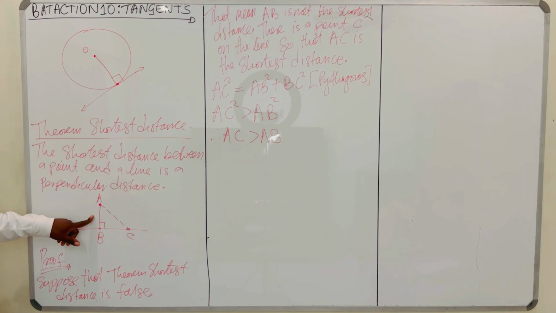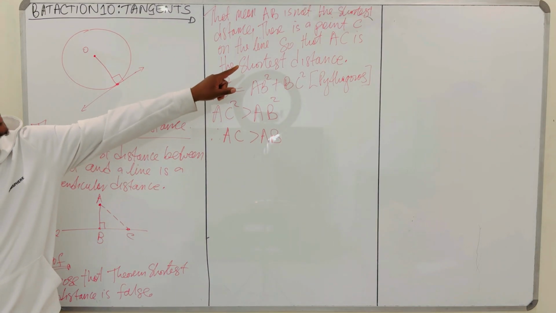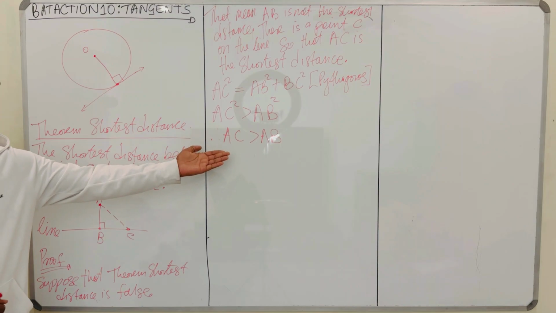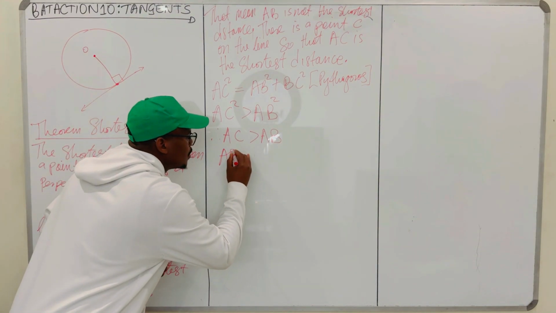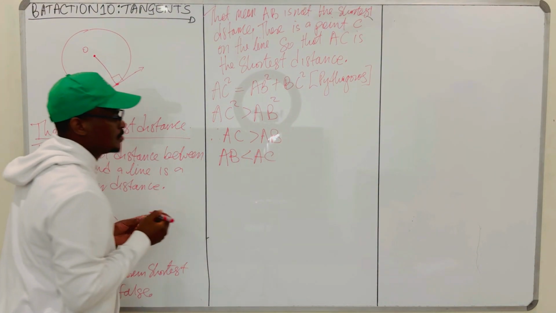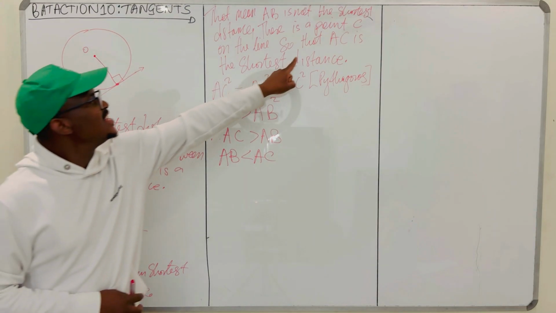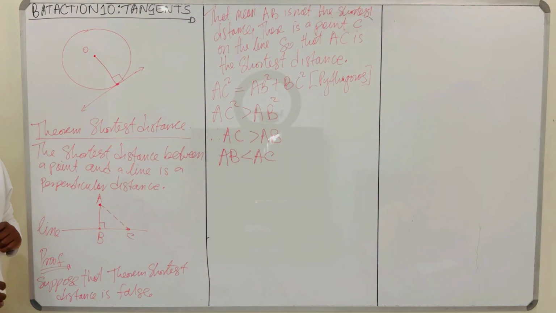It goes against our assumption that AC is the shortest distance. Because if AC is the shortest distance, AC should be smaller than AB. But look what we have there. We have that AB is less than AC, which is a contradiction to our assumption, because we said AC is the shortest distance.